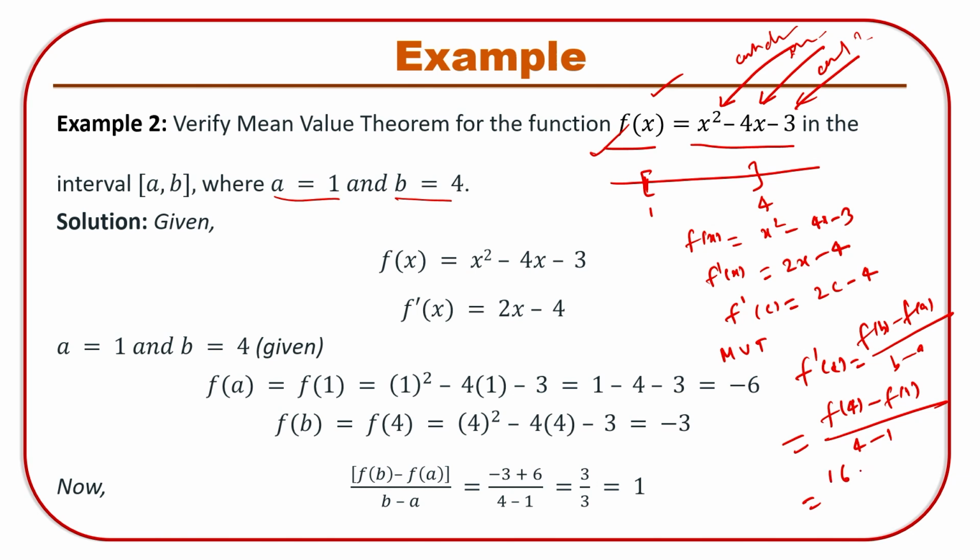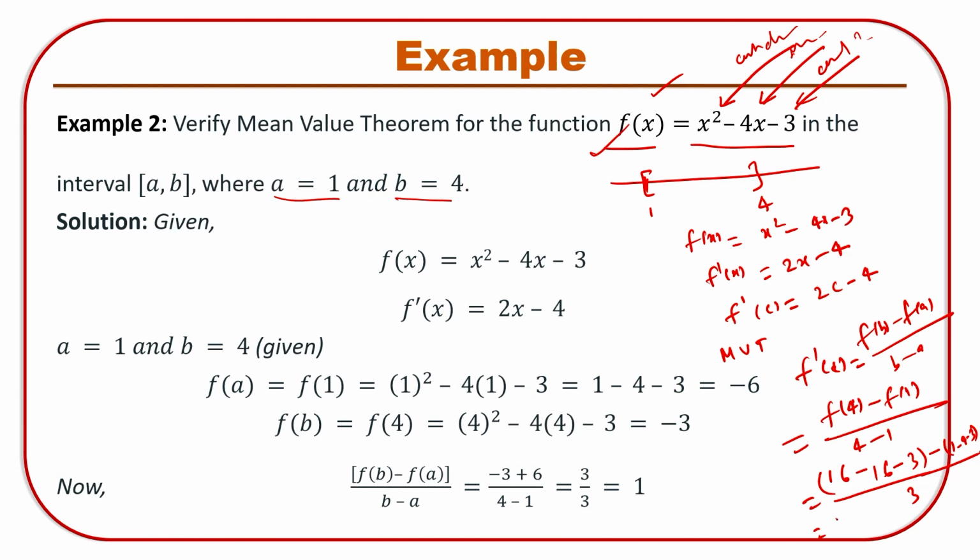And f(1) is 1 minus 4 minus 3, divided by 3.